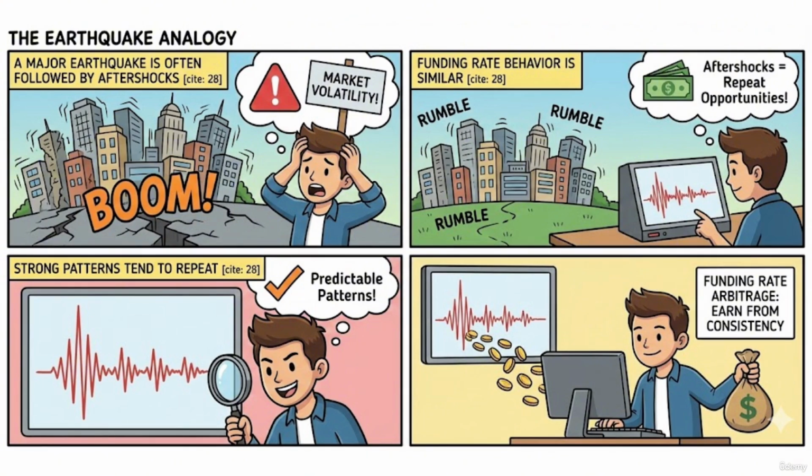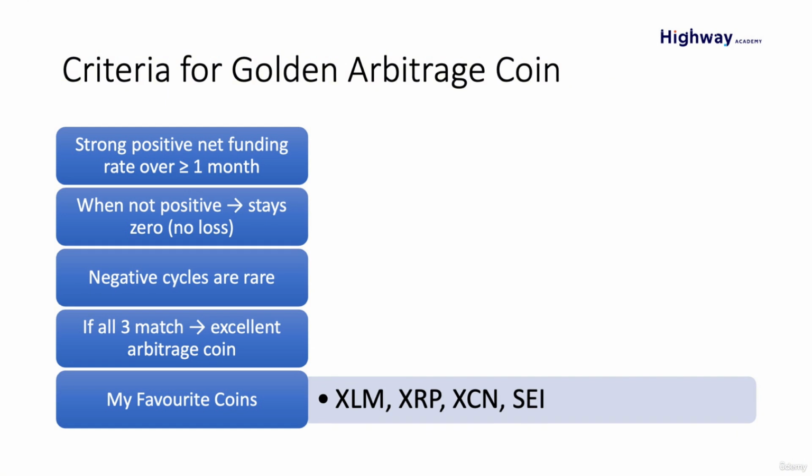For negative funding rates, if the coin has shown negative funding for a period of time, it usually tends to continue. So I never choose these kinds of coins. All of this holds true unless there is a massive shift in the trader behavior or the trader composition on those exchanges. In conclusion, here are the criteria I use to identify a truly golden funding rate arbitrage coin.